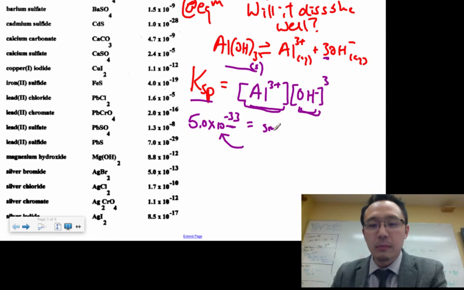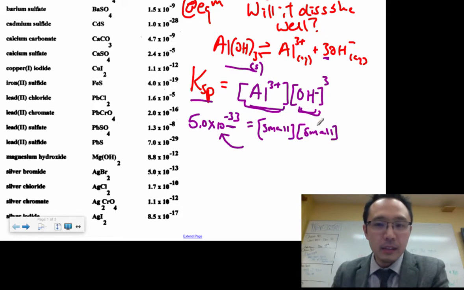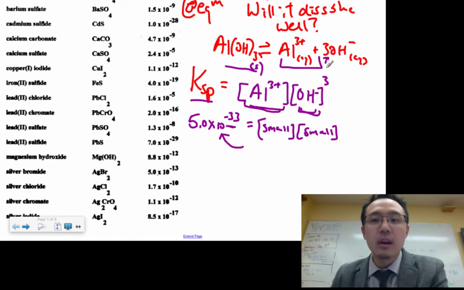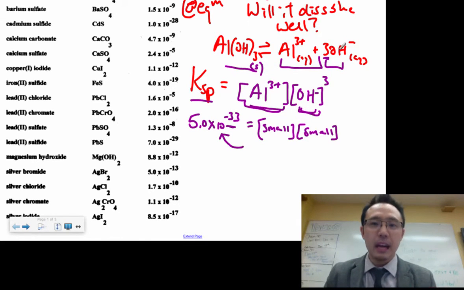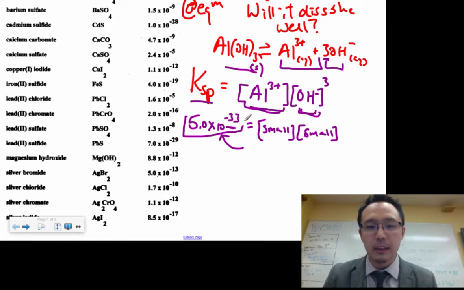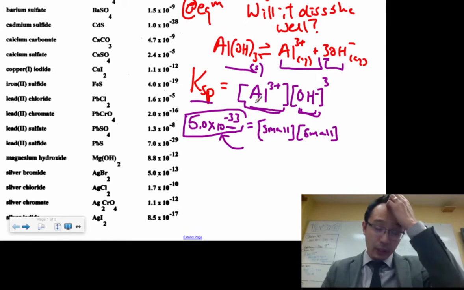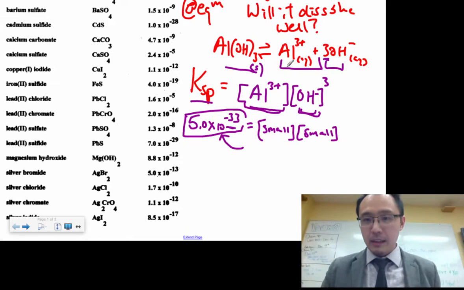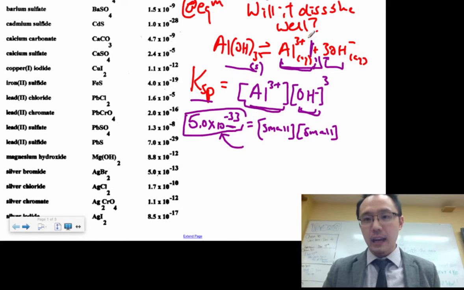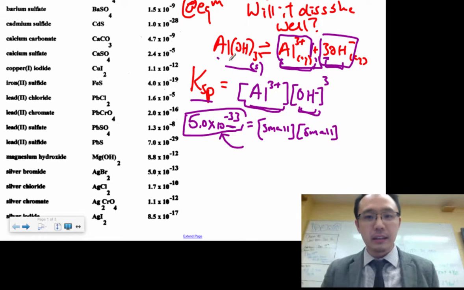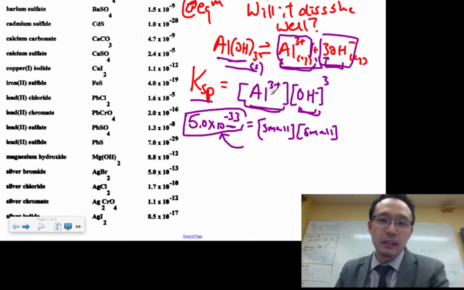That means these ions will not really appear because they have such a small concentration. That means it does not dissolve that well.